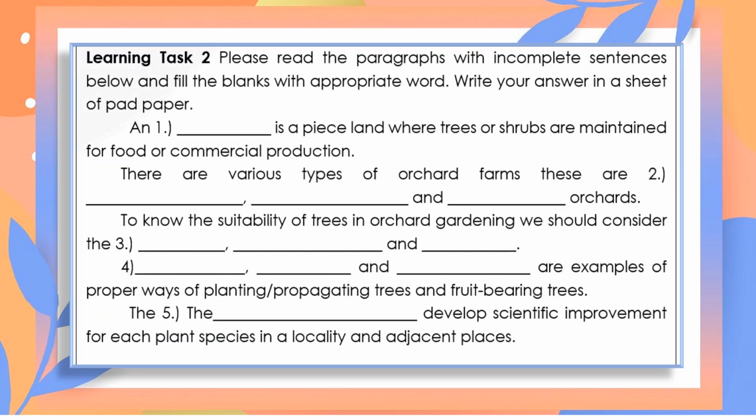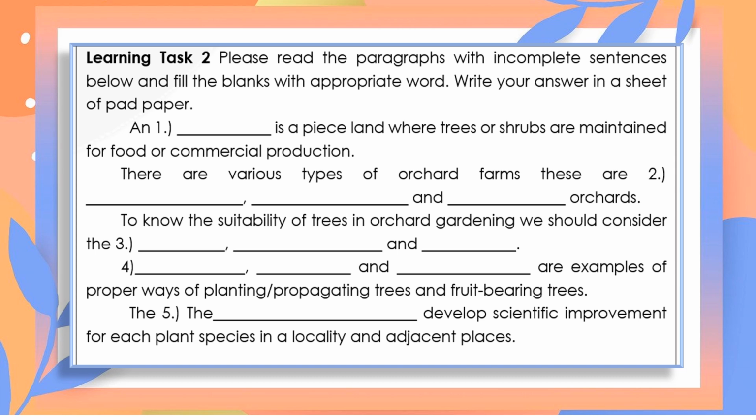So let's do learning task number 2. Please read the paragraphs with incomplete sentences below and fill the blanks with the appropriate word. Write your answer in a sheet of paper. An blank is a piece of land where trees or shrubs are maintained for food or commercial production. There are various types of orchard farms, so these are blank, blank, and blank orchards.